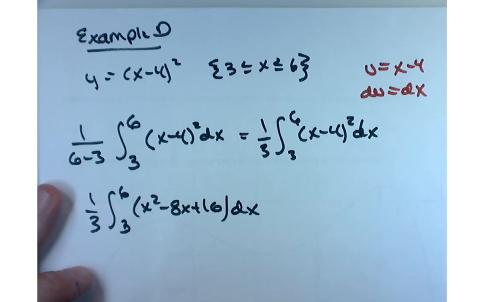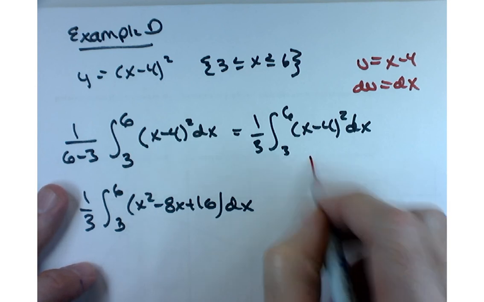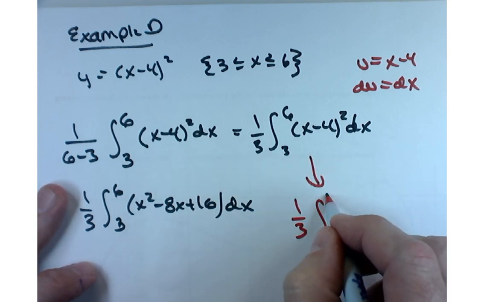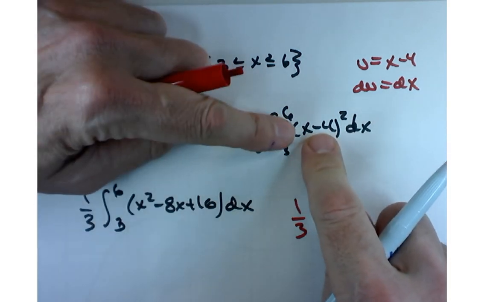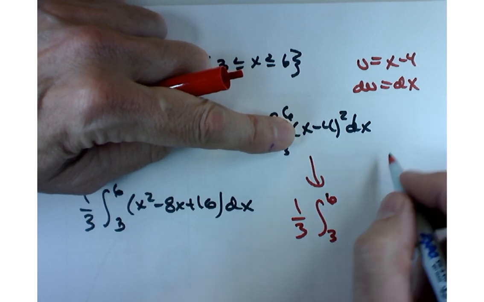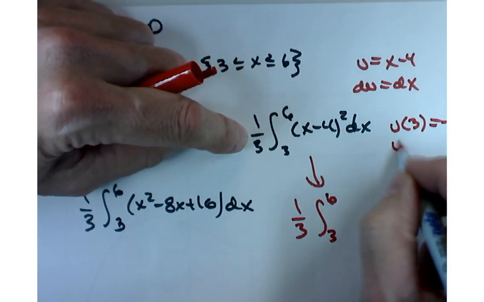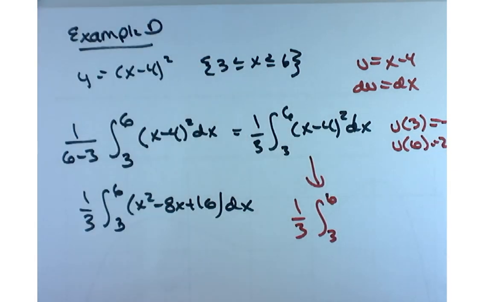Your choice. So when I did the u substitution, I did 1/3 and the limits 3 to 6. So at u, we're going to have u of 3 would be -1, and u of 6 would be 2. So I've got to change my limits here.